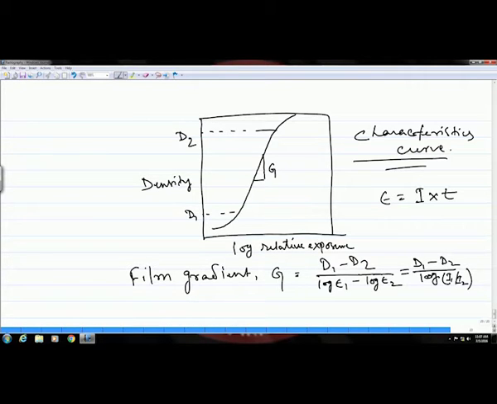And we have also seen that D 1 minus D 2 is the contrast C s. Therefore, G can be written in terms of the contrast C s in this fashion.